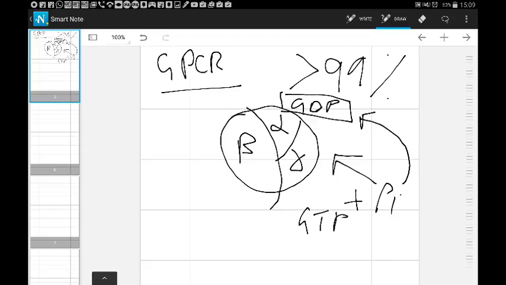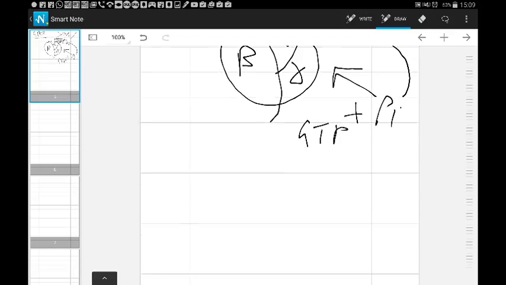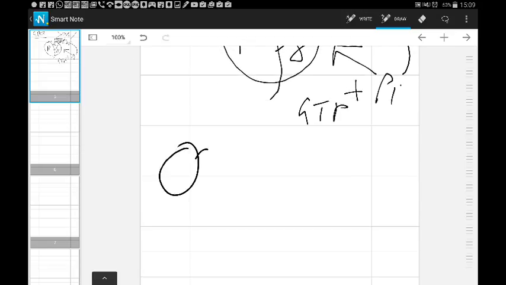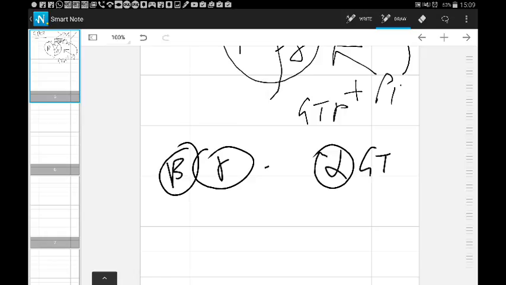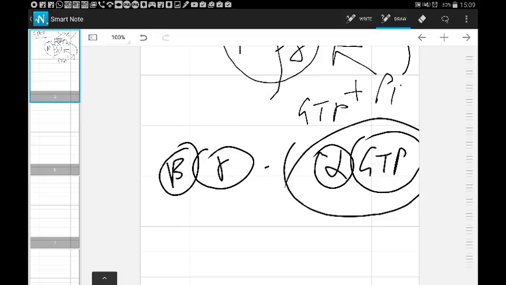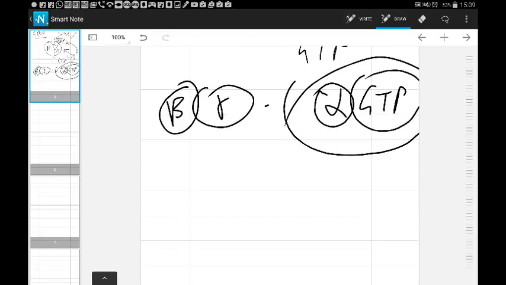So, as a result, the G protein will split into two parts. One will consist of the beta and gamma, and the other will consist of the alpha and GTP. This unit will produce the action related to the drug. After the action has been performed, this GTP will turn into GDP. How does it do that?